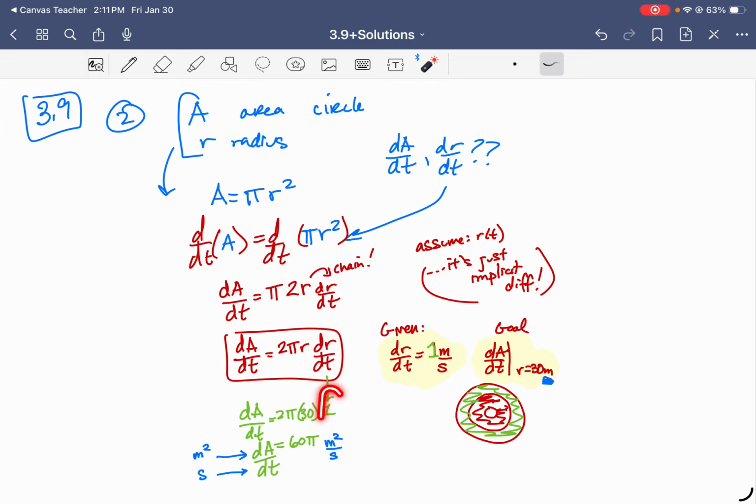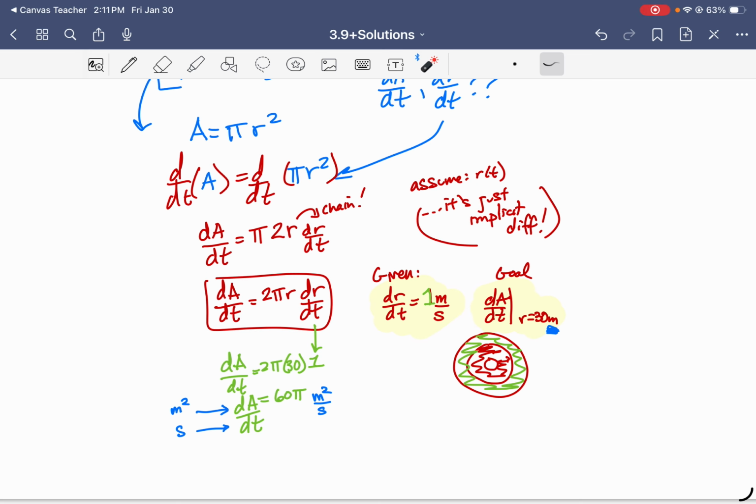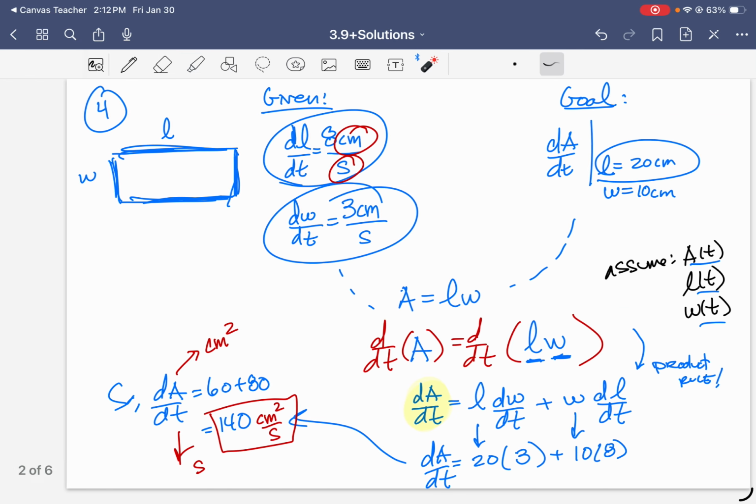So if this is 1 meter per second, at the exact instant when the radius is 30 meters, you're going to get 60 pi. But notice this is meters per second, and this is meters, so meters times meters is where we get that meter squared. So this derivative is in meters squared per second.